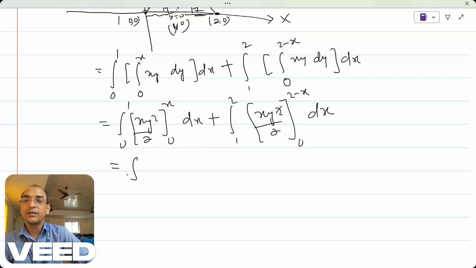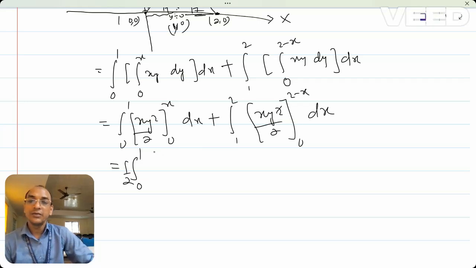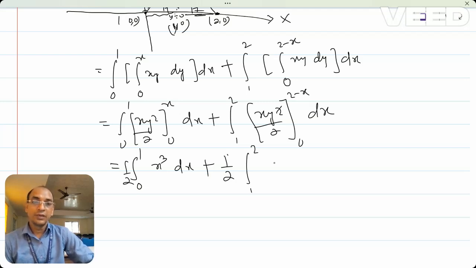This is equivalent to 1 by 2, which is constant, integral 0 to 1 of x cubed dx, plus 1 by 2 common, integral 1 to 2 of x into (2 minus x) whole squared dx.